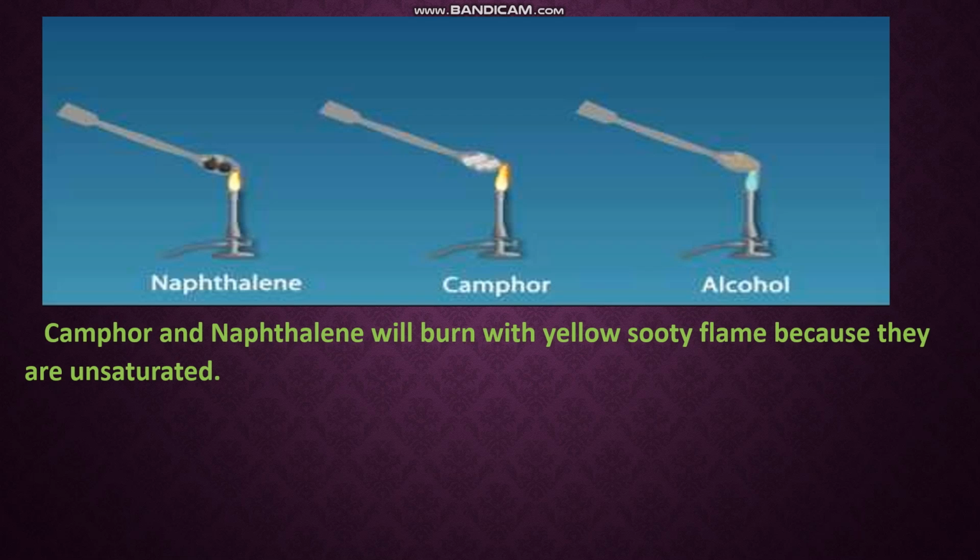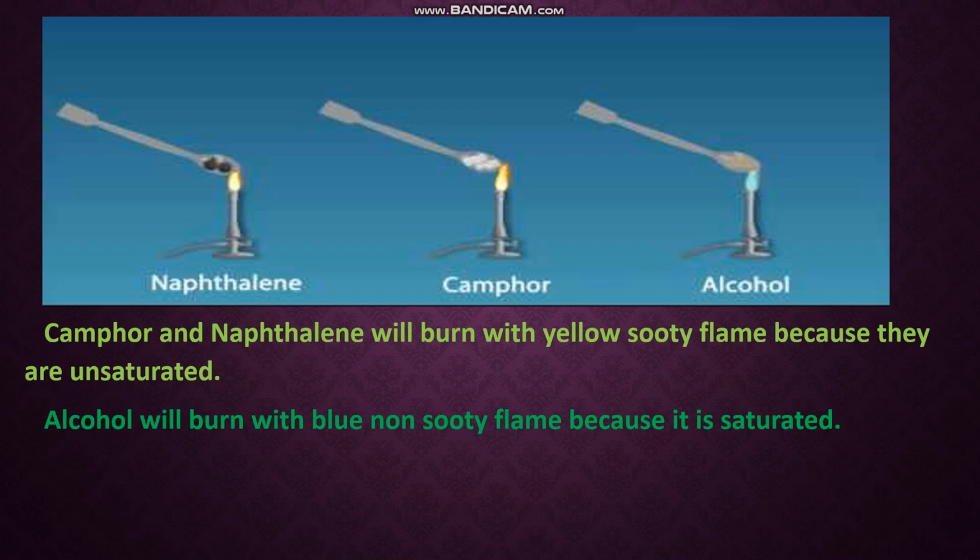Now, why do camphor and naphthalene form a yellow sooty flame? Because these compounds are unsaturated. What are unsaturated and saturated carbon compounds? You have learnt already. Unsaturated carbon compound means there is a double or triple bond between the carbon atoms. What are saturated ones? In saturated carbon compounds, all the carbon-carbon bonds are single bonds.